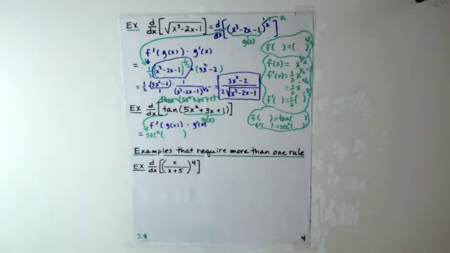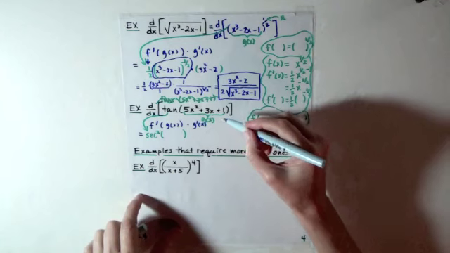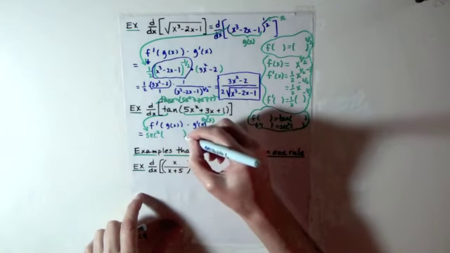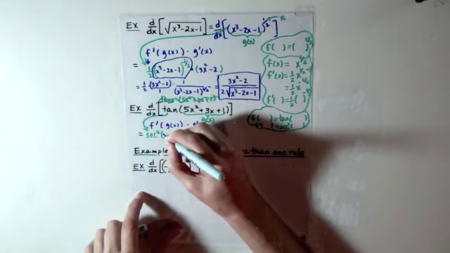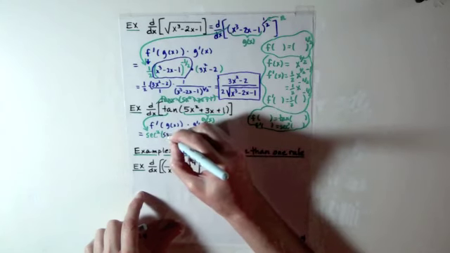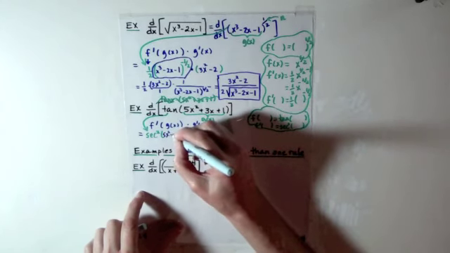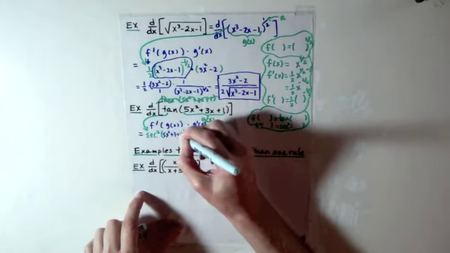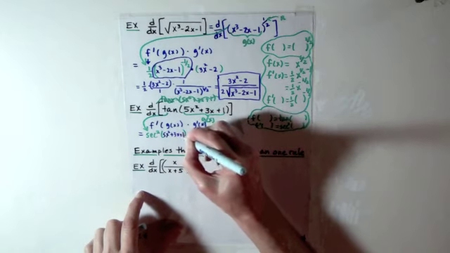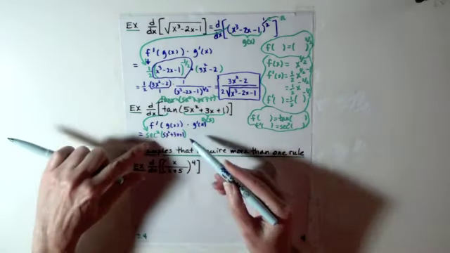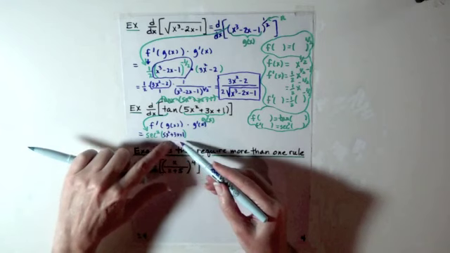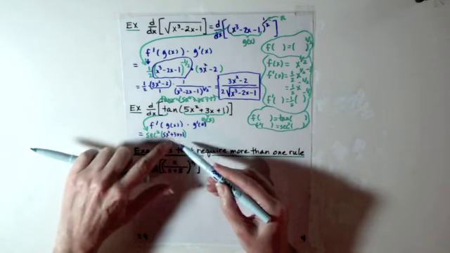I'm supposed to evaluate that at this inner function. So the thing that goes inside here is my g of x, and that would be exactly 5x squared plus 3x plus 1. So I've done derivative of the outer, and I've evaluated it at the original inner function.